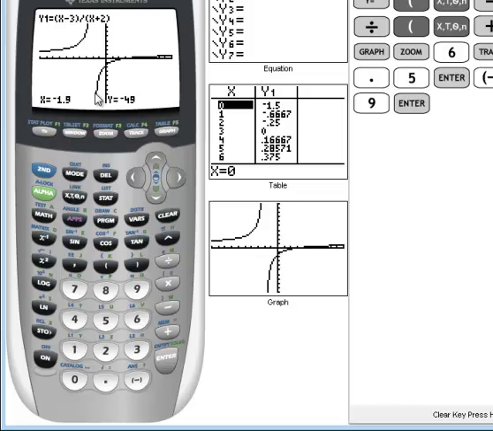And on the other side of this x equals negative 2 line on the graph, if you put in negative 2.5 for x, the value of y is 11.